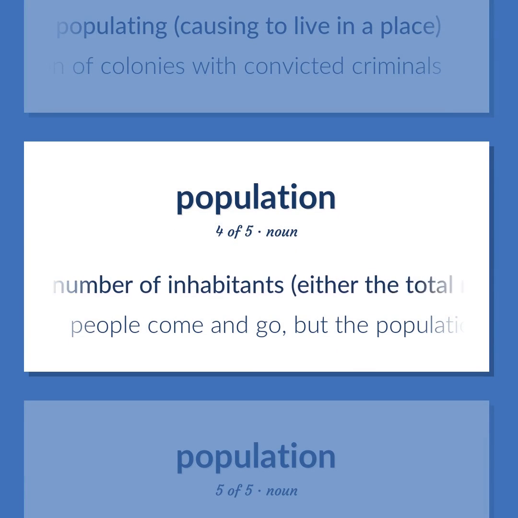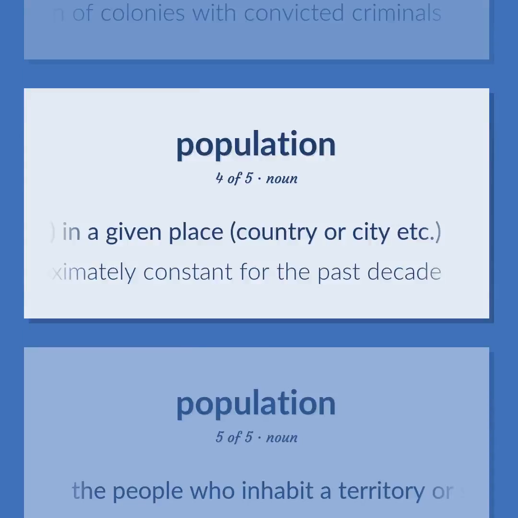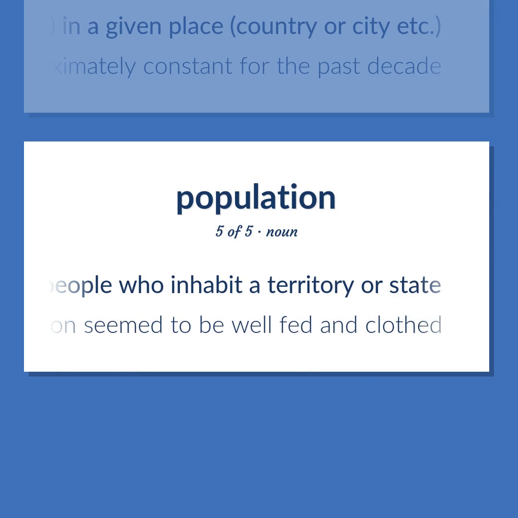The number of inhabitants, either the total number or the number of a particular race or class, in a given place, country or city, etc. People come and go, but the population of this town has remained approximately constant for the past decade. The people who inhabit a territory or state. The population seemed to be well fed and clothed.